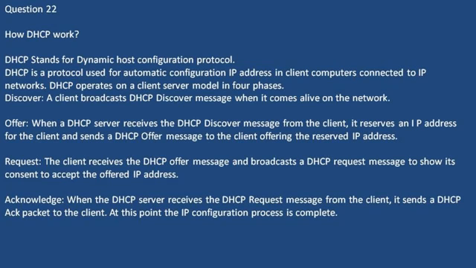Request: the client receives the DHCP offer message and broadcasts a DHCP request message to show its consent to accept the offered IP address. Acknowledge: when the DHCP server receives the DHCP request message from the client, it sends a DHCP acknowledge packet to the client. At this point, the IP configuration process is complete.